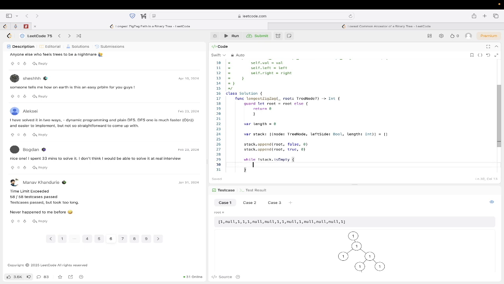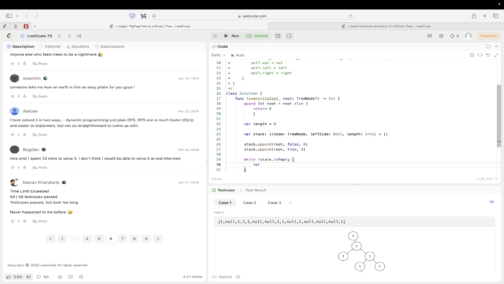So whilst the stack is not empty, we want to set up our node. Do we have a node? No. How do we do it?